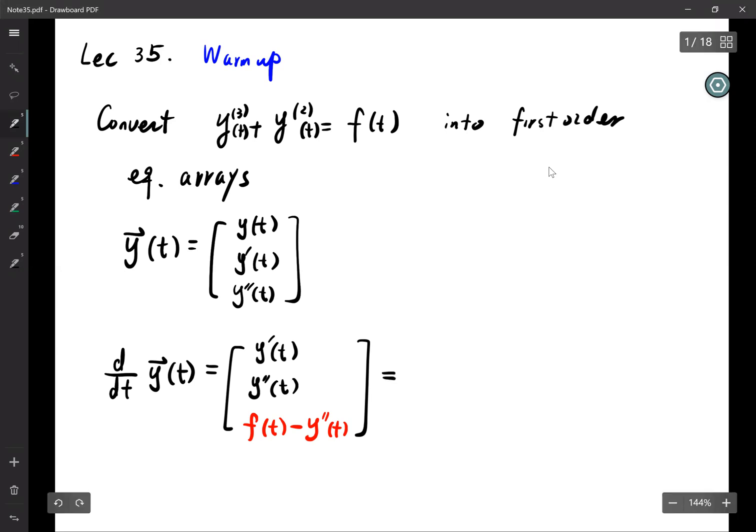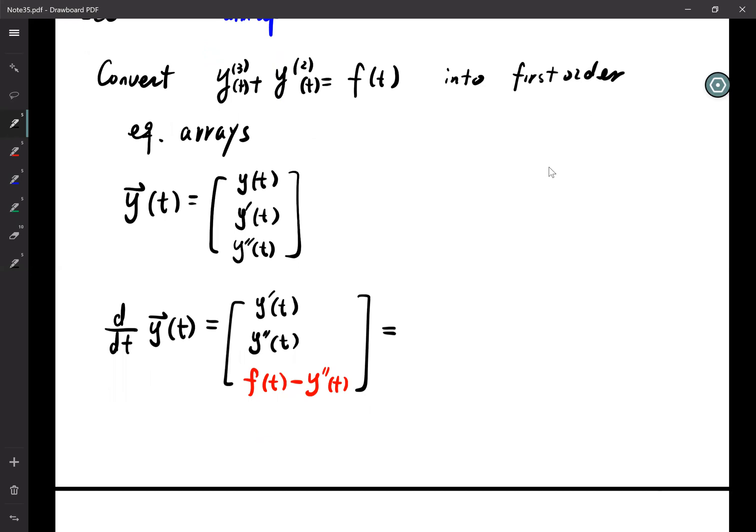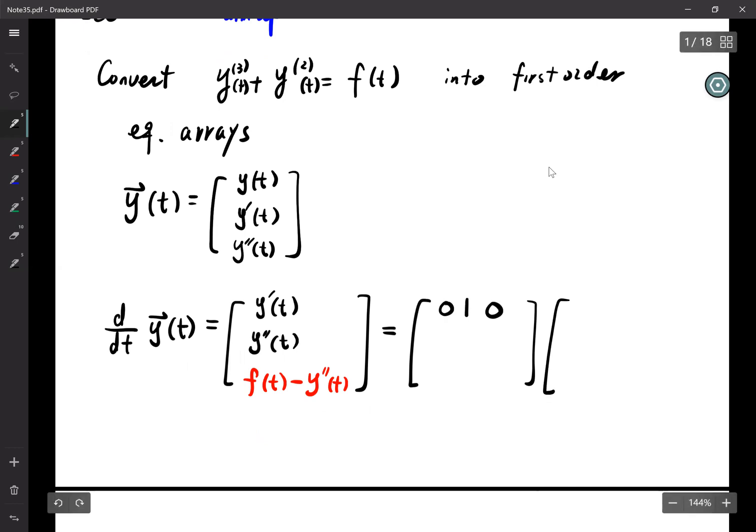Now I would like to write it in terms of a matrix times y. This is possible. Because here I have a y prime, so this is 0, 1, 0. Here I have y(t), y prime, y double prime. This one, you obtain that should be 0, 0, 1.